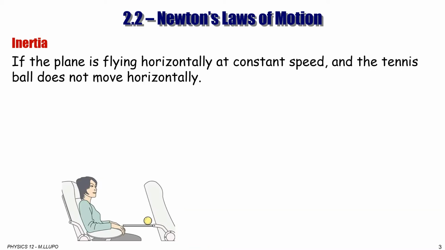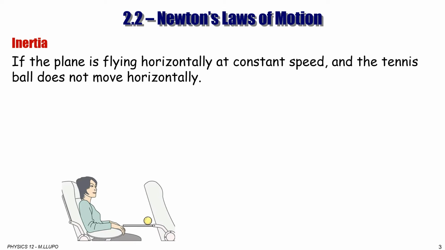Here's a thought experiment. If you are in a plane and the plane is flying horizontally at constant speed, and you have a tennis ball in front of you on the top of the table, the tennis ball does not move horizontally. Why? Because it's moving at the same rate as you are, the table is moving, the plane is moving.